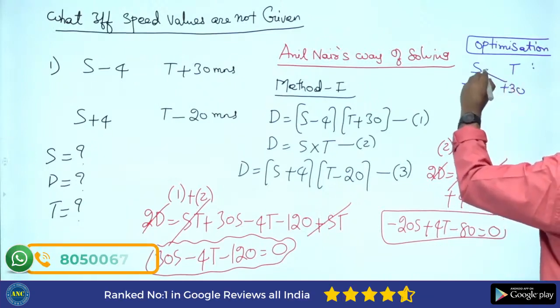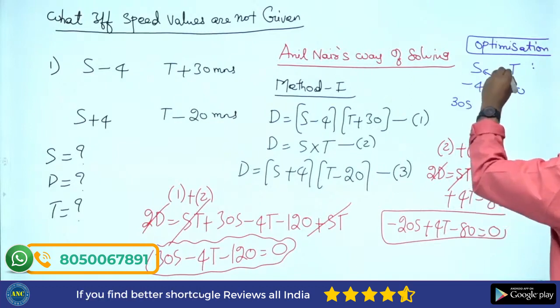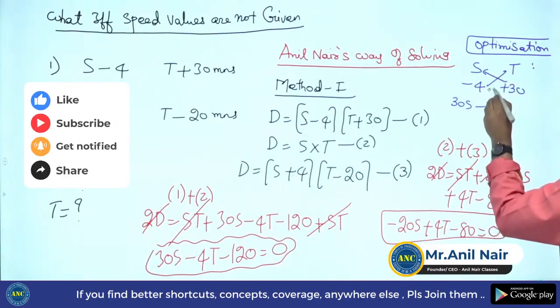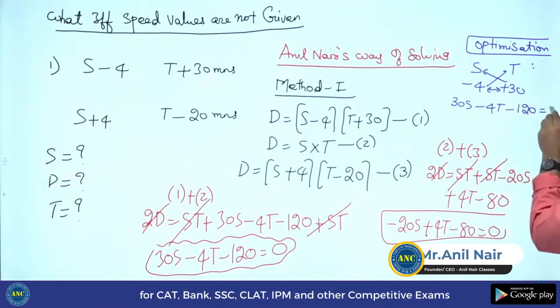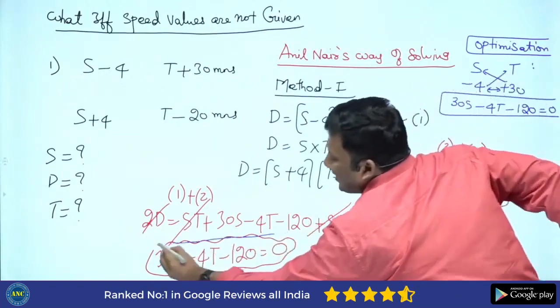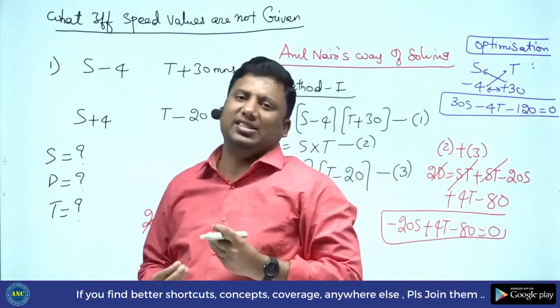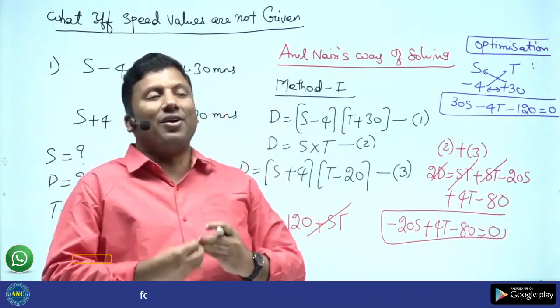Do cross multiplication. 30 into s is 30s. Minus 4 into t is minus 4t. Multiply these both, minus 120 equal to 0. Isn't this the equation? Yes or no? This is nothing but pure practice. Once you practice it, you will understand how you can save a lot of time.